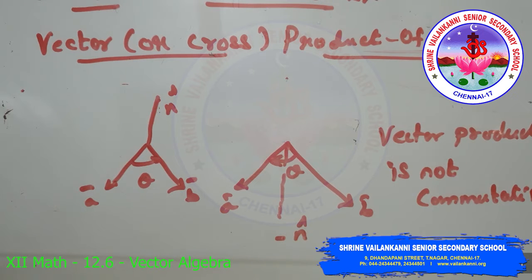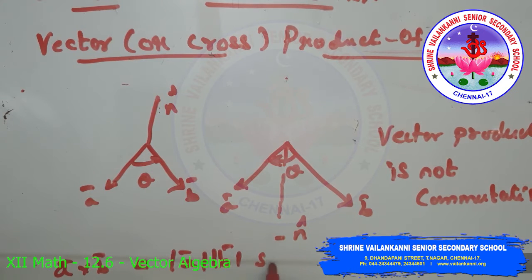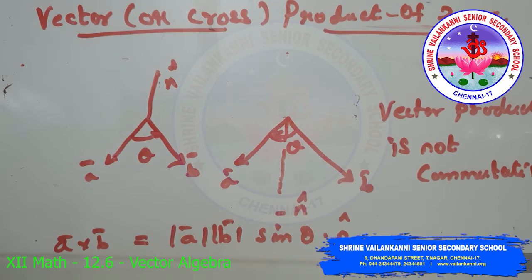Next one, vector product is not commutative. If theta is the angle between two non-zero and non-parallel vectors A and B, then the vector or cross product is given by A cross B equal to magnitude of A into B sin theta into n cap, where n cap is the unit vector perpendicular to both A and B, where A, B and n form a right-handed system.